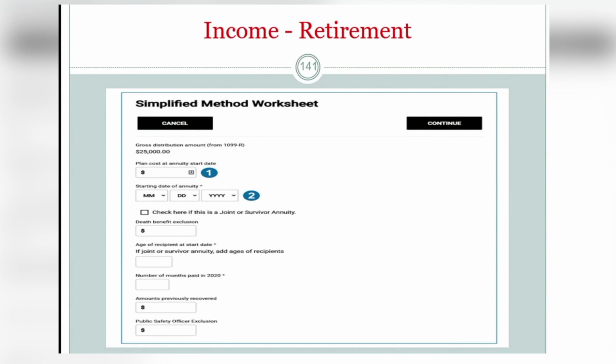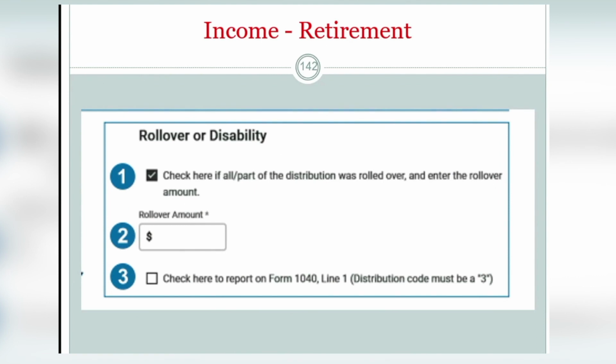And then the system will calculate the simplified method for us. But we will do the math together, so don't worry just yet. And if it's a rollover, we can indicate that within the software as well. And that's what it looks like.